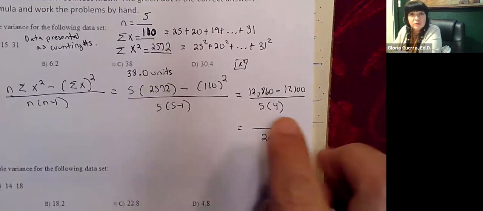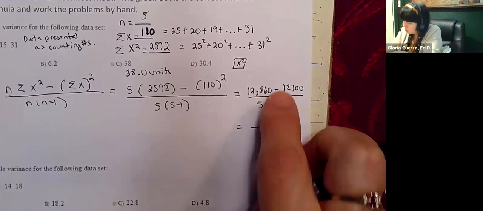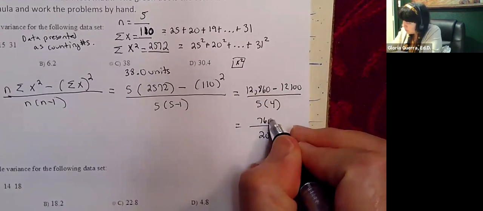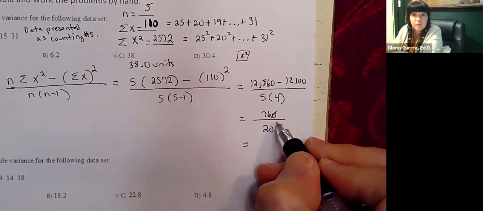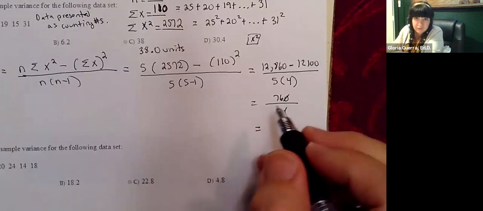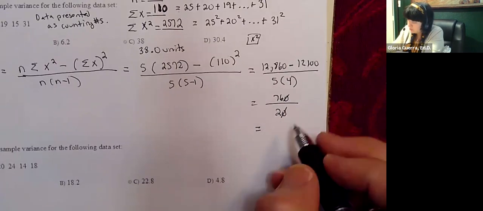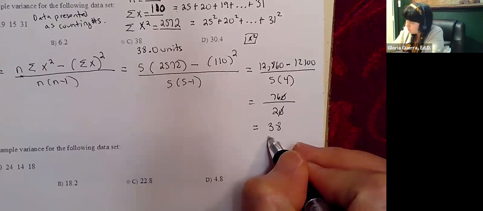And here, when you subtract this on your calculator, you should get 760. And actually these zeros will cross out, for every zero on top, you can cross out a zero on the bottom. And you see half of 76 is 38. And this is units squared.